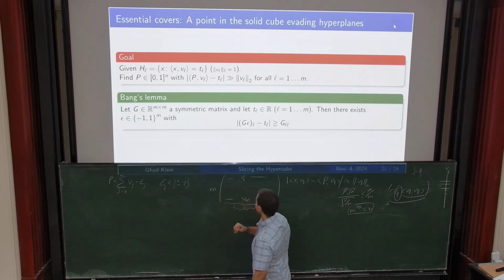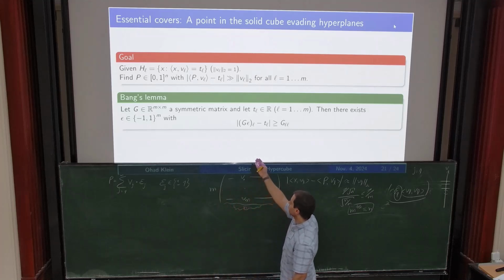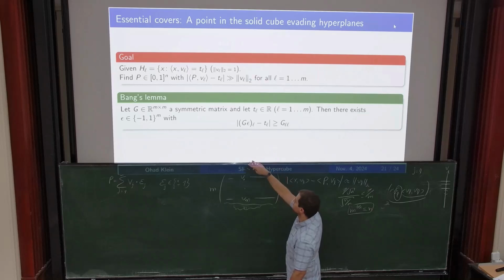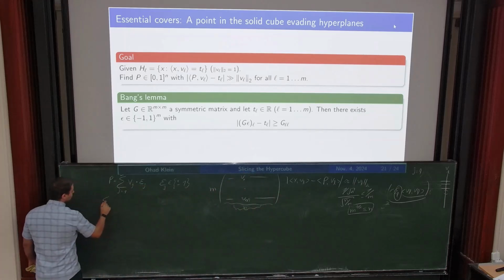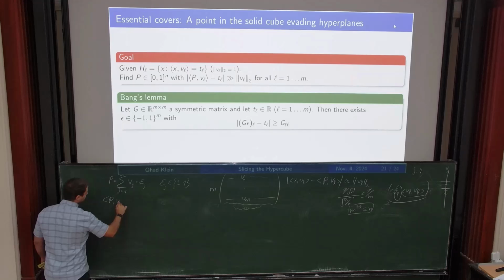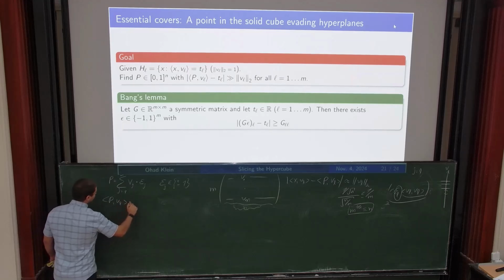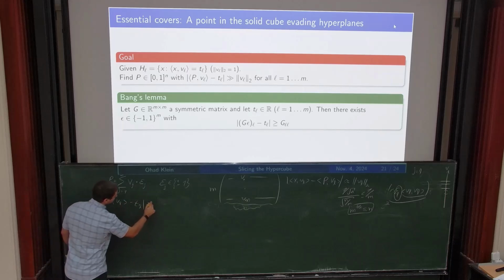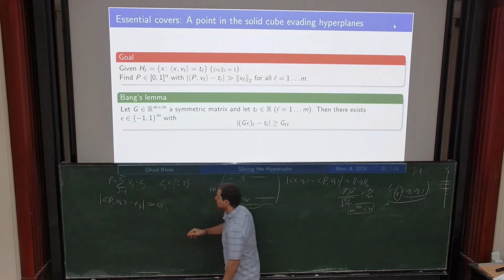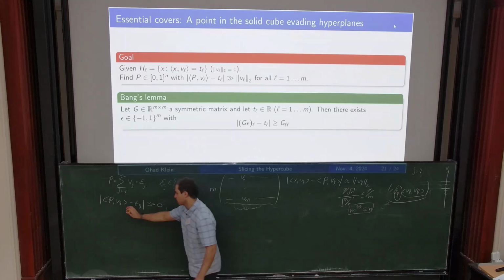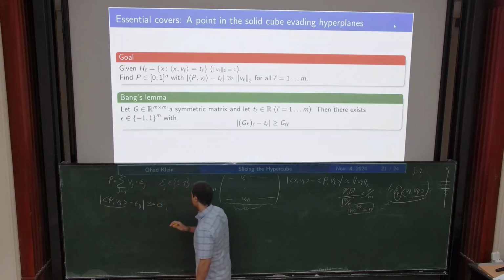Now, let us forget about Planck's lemma and formalize what we need. We need that P times V_l minus T to be large. So let us open this expression.